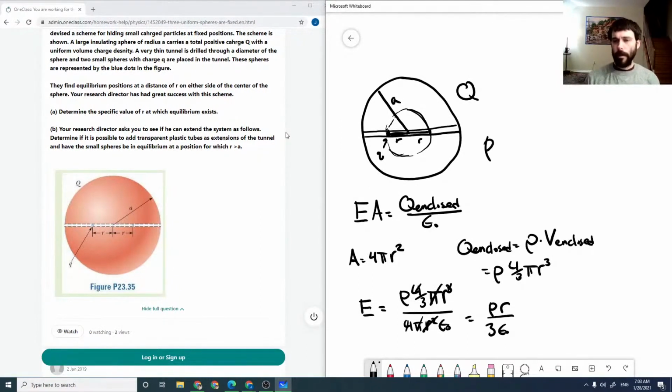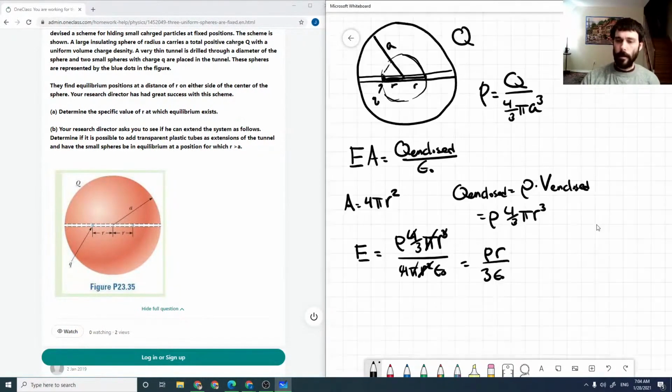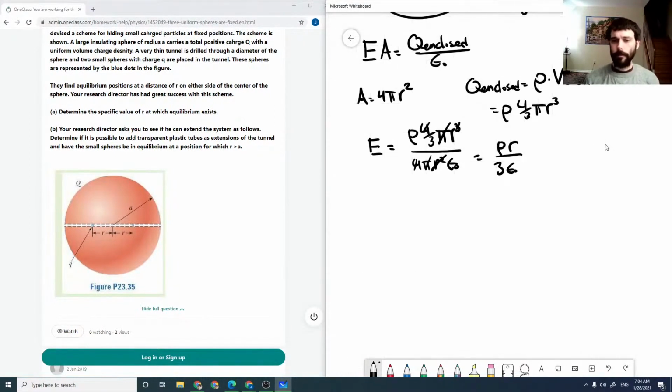Our rho is our charge density, which is our total charge over our total volume. Putting that into our electric field, we get Q r over 3 epsilon naught times 4/3 pi a cubed.